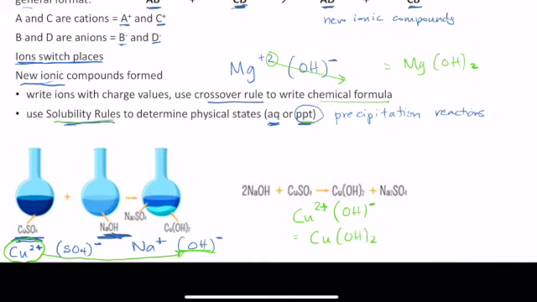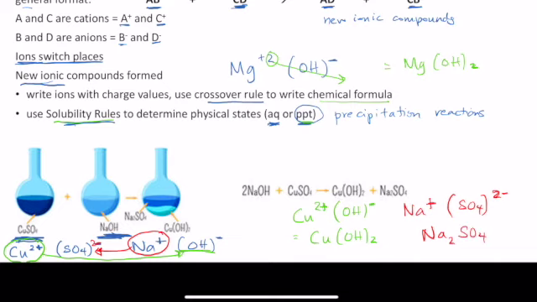Meanwhile, the sodium takes on a new partner, so this is going to be the sodium ion with the new partner SO4 2-. So crossing this 2 over and down, you're going to end up with Na2SO4.